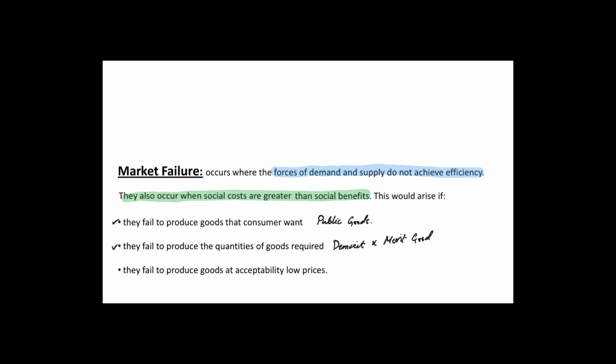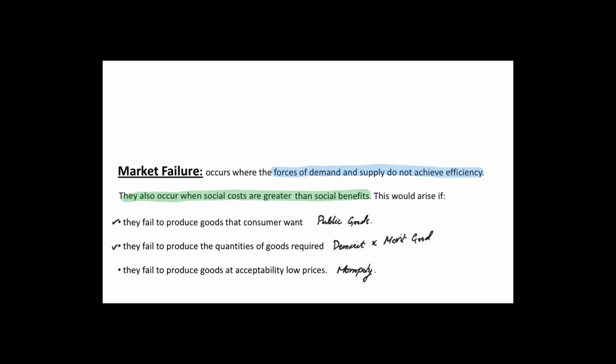And lastly, markets fail to produce goods at acceptably low prices. This actually applies to merit goods also, and to monopoly as well. Monopolies, as we've learned, produce a lesser quantity and charge a higher price. Acceptable prices would have been a little lower.